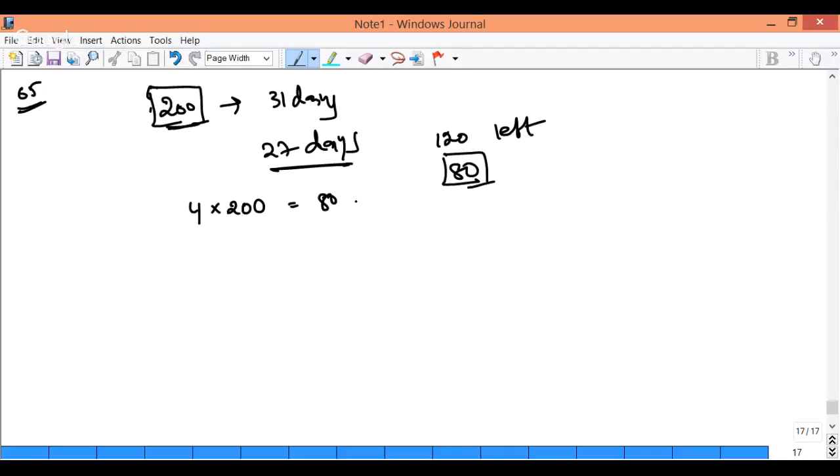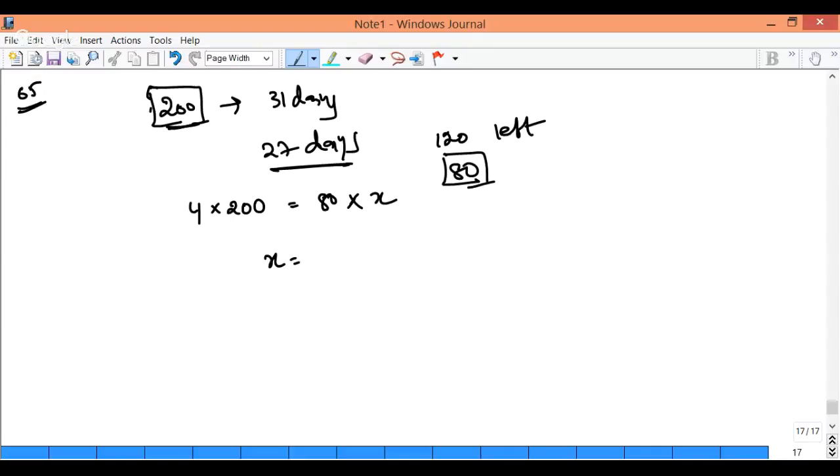For 80 soldiers, how many days will the food last? It's nothing but 80 into x. The question is asking for how many extra days the rest of the food will last for the remaining soldiers.